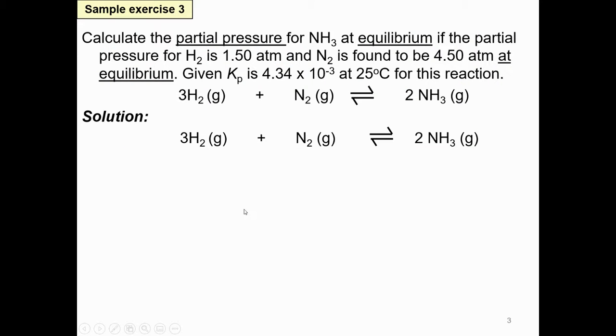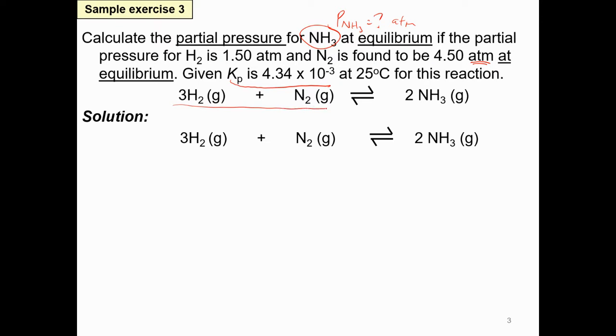Now, next question. Calculate the partial pressure of ammonia at equilibrium if the partial pressure of hydrogen and nitrogen is given. Then this time the question is given Kp. Okay, so we need to find what is the partial pressure for ammonia at equilibrium. Since it's given in atm, so we use atm.